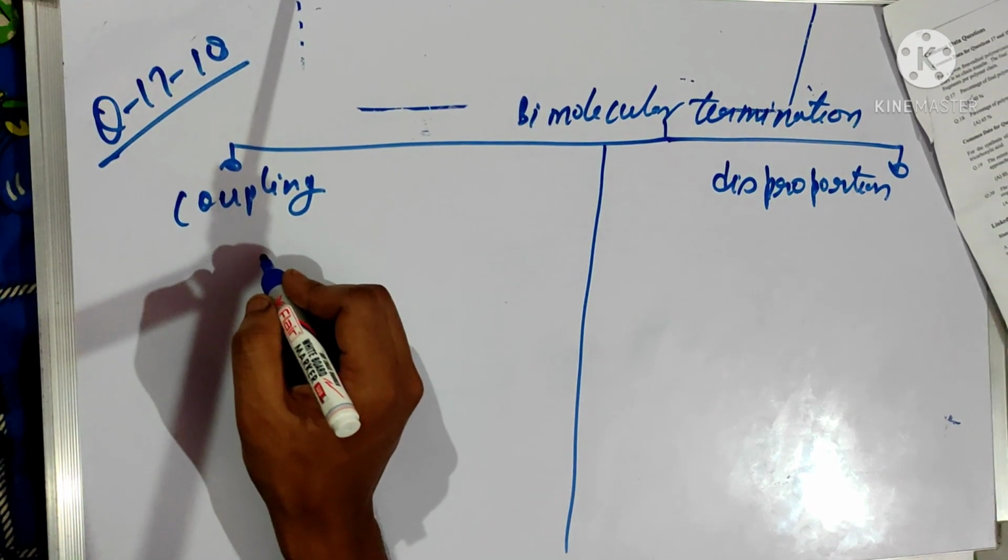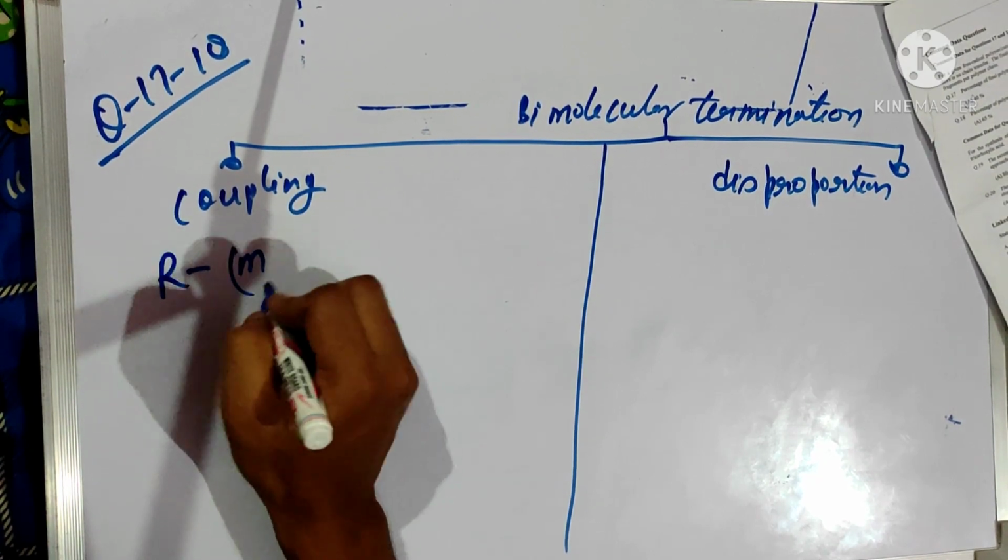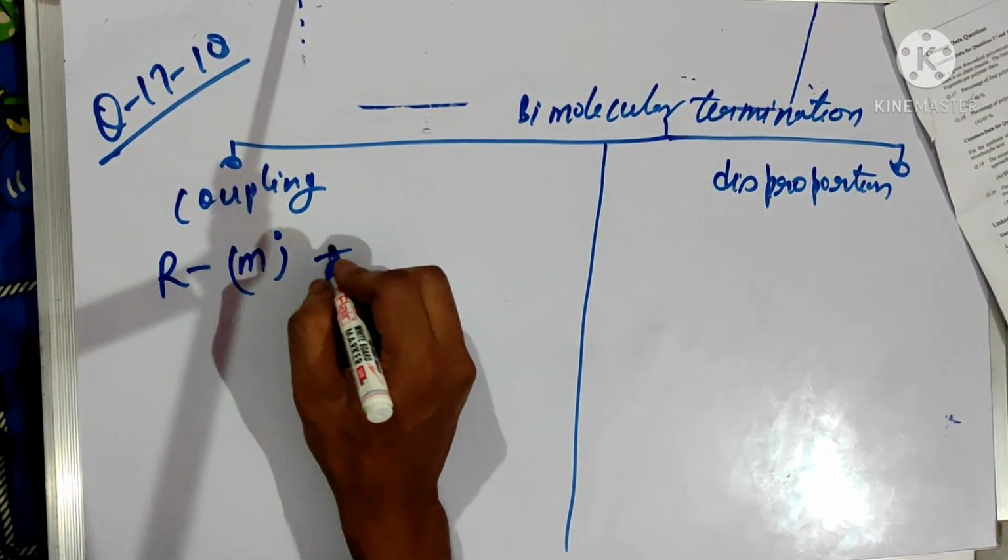In coupling, two active polymers combine with each other to form the polymer.